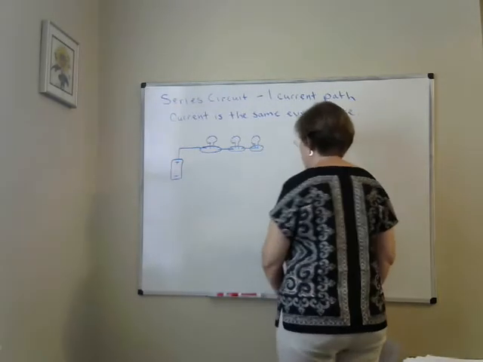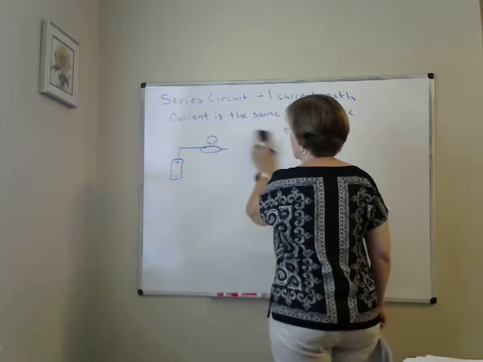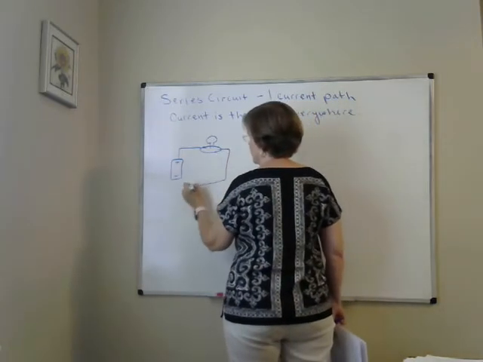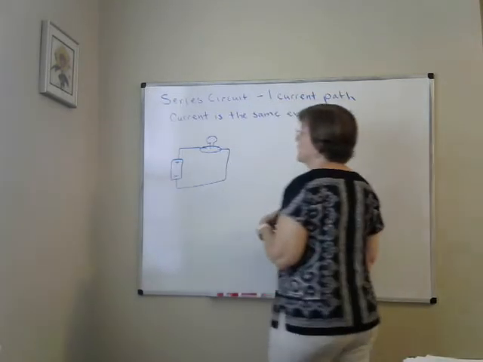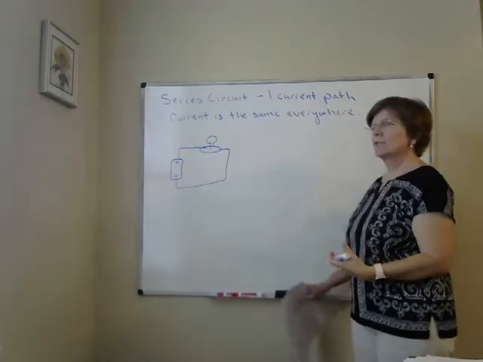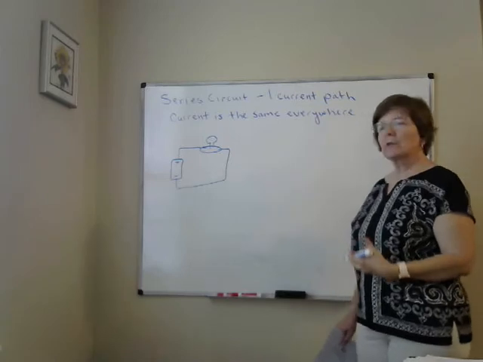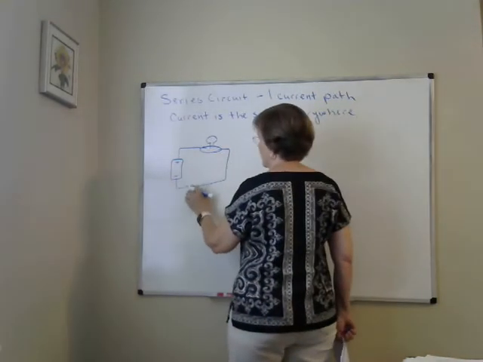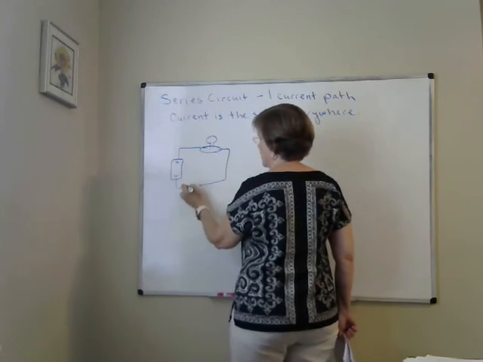I'll tell you what, let's not do that. Let's just start with one. We're going to come in and add. Okay, this is a series circuit, but it's really just a simple circuit. There's only one thing in it. If I want to, I could put a little switch that we could open and close.